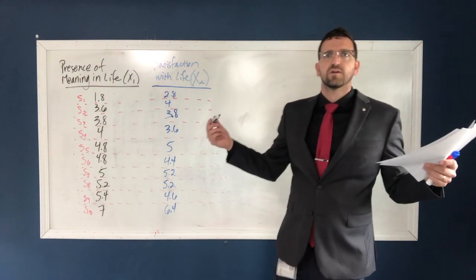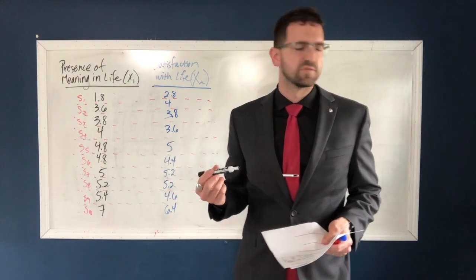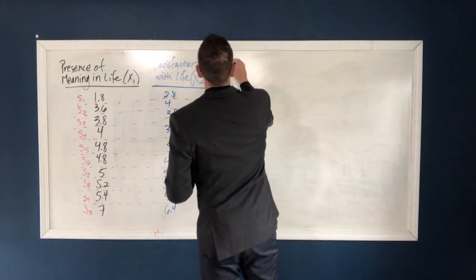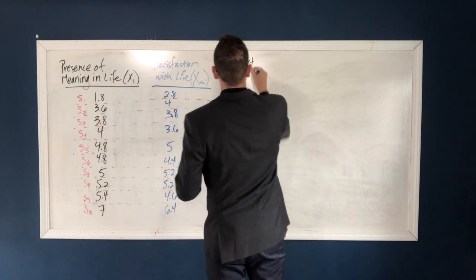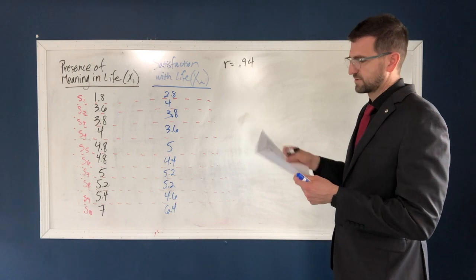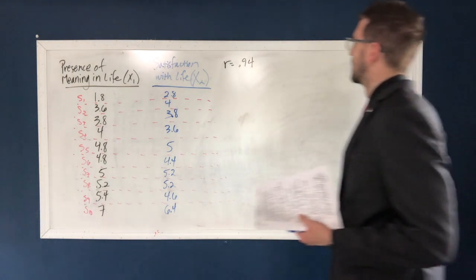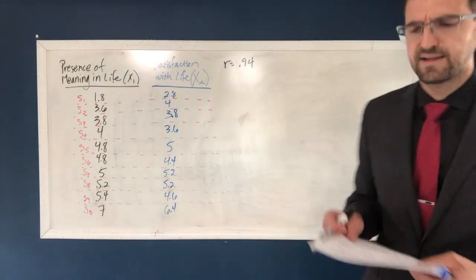And then we're looking at the sample correlation between these two variables. What you'll get is a sample correlation r equals 0.94. So let's go ahead and interpret that.